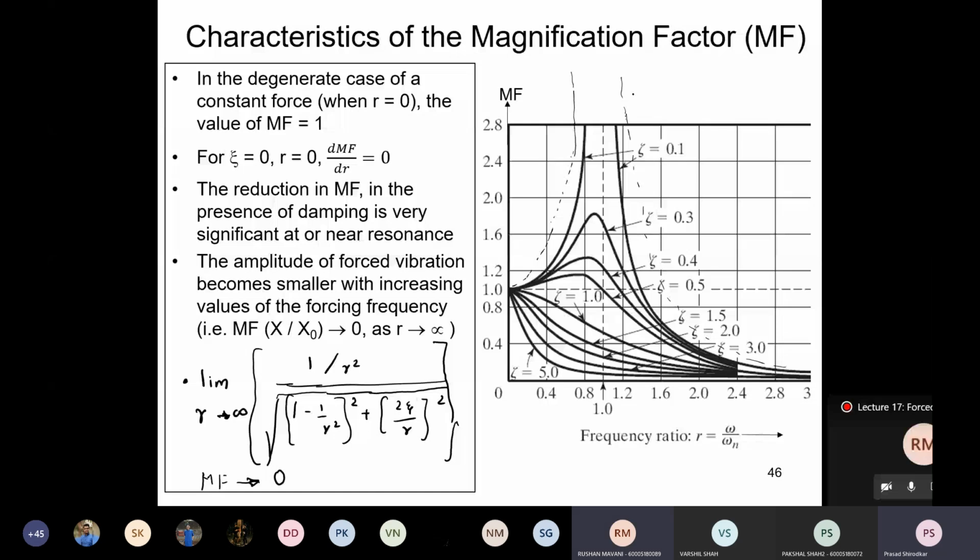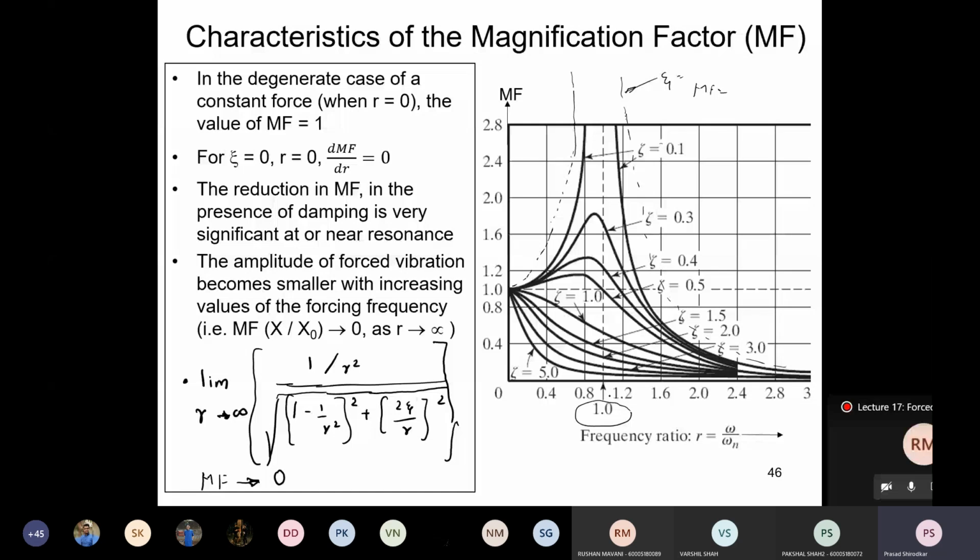Sir, if r is less than 1, there would be some magnification factor for zeta equal to 0. No, this is for the resonance condition, r equal to 1. This is a specific condition, that is, at or near resonance.